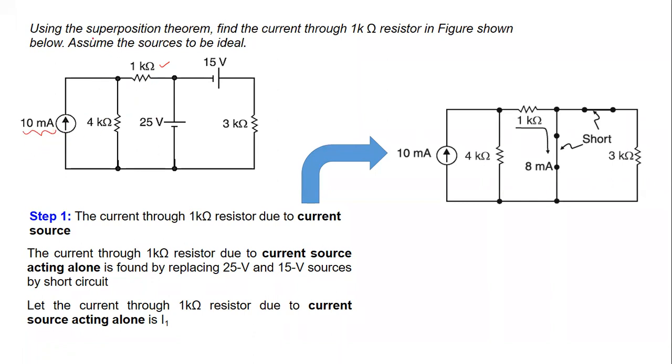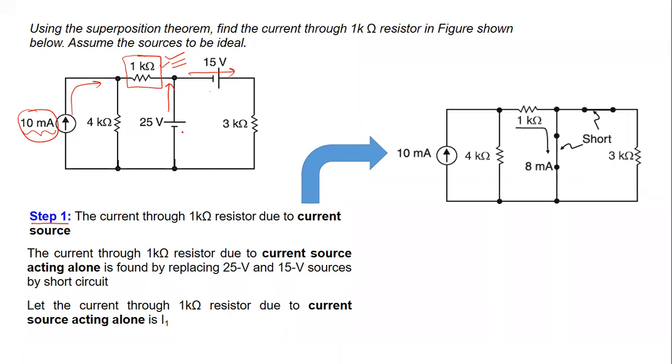As per the superposition theorem, the current through this resistance is the algebraic sum of all the currents produced by these sources in this 1 kilo ohm resistance when each source is considered alone. So the first step is to find the current in this 1 kilo ohm resistance due to the 10 milliampere source.